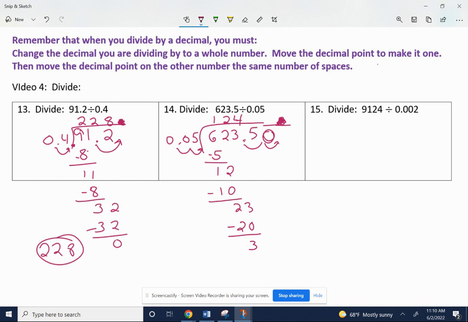Subtract, you get 3. Bring down the 5. 5 into 35 goes exactly 7 times. So we can just stick a 0 on top of that other 0 for that place value. So we get an answer of 12,470.